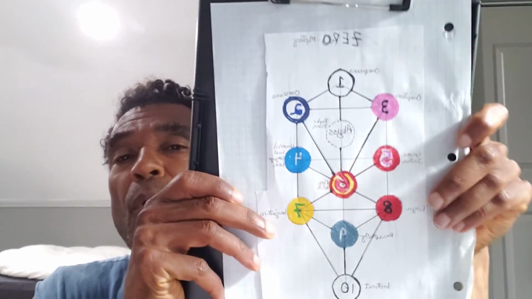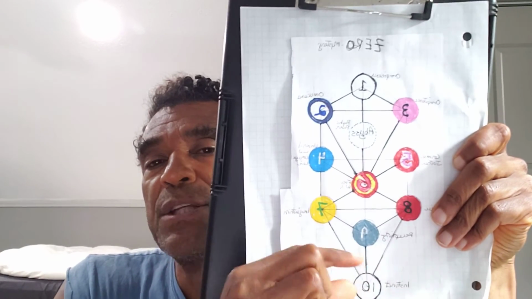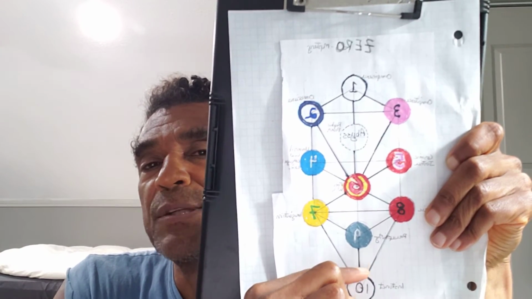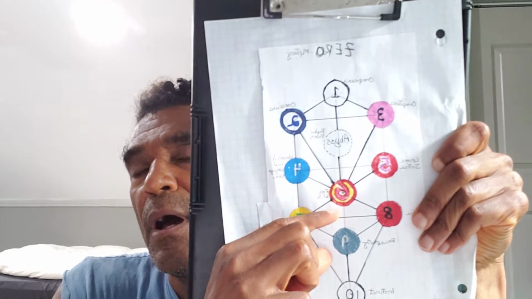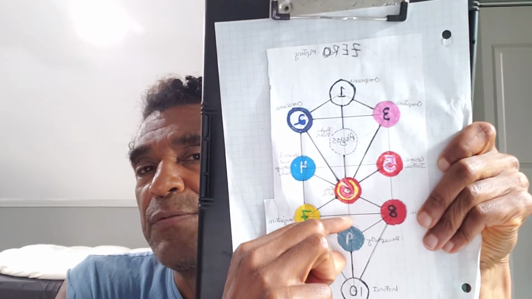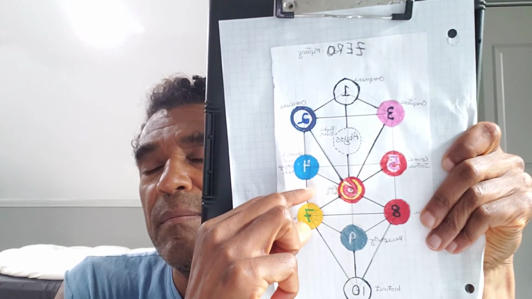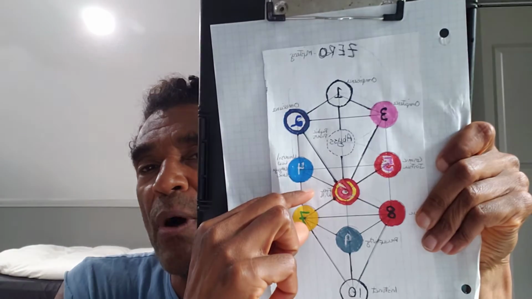Okay, now, with my model, what I've done is I basically superimposed the whole tree, all of the 12 faculties, onto each one of the faculties to break it down to another level of detail. So the 9th sphere has its own 12 faculties, and the 7th sphere has its own 12 faculties.